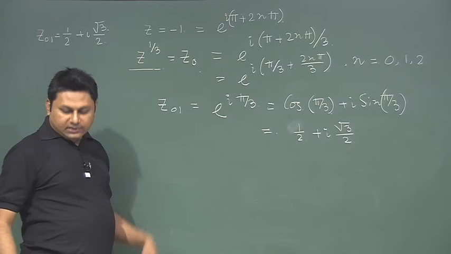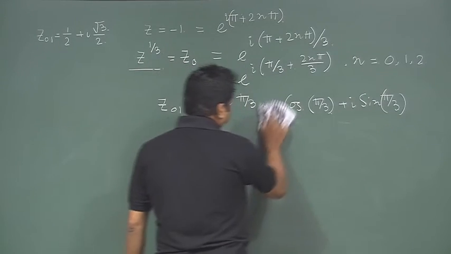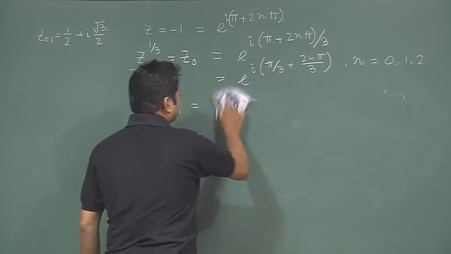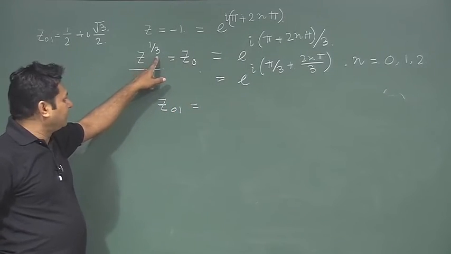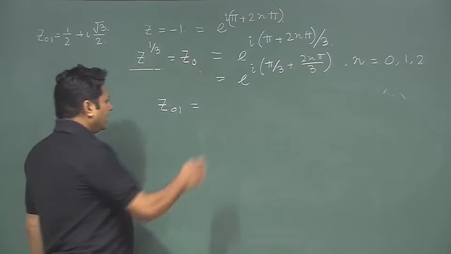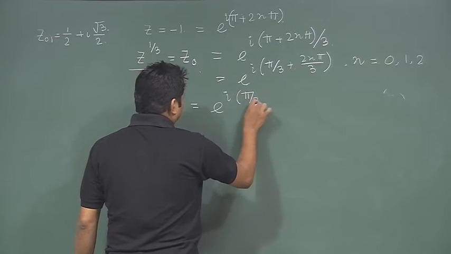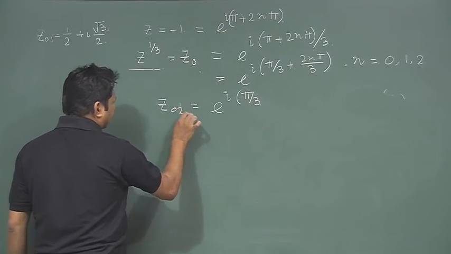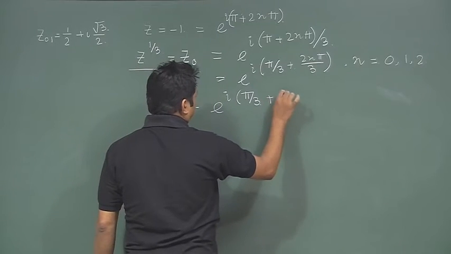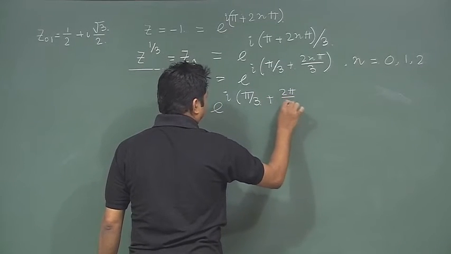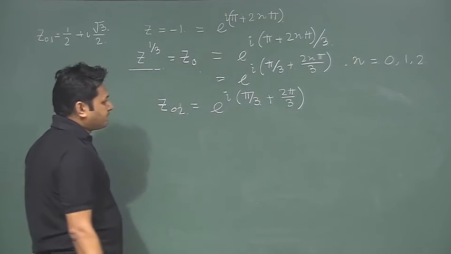After having the first one, let me go to the second one, where the process is exactly the same as what we have done in the previous case. Just instead of having one root, I should have 3 roots, because here the m value is 3. So, e to the power of I pi by 3, and for the second root, the value of n should be 1 here, so plus 2 pi by 3.